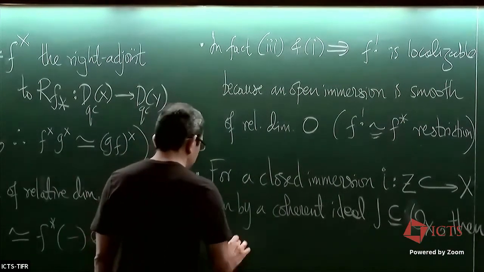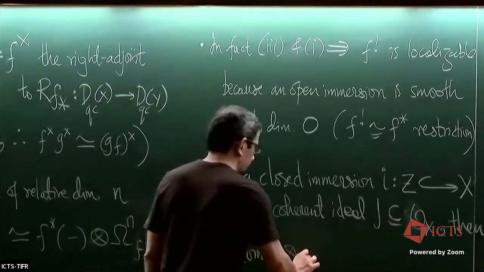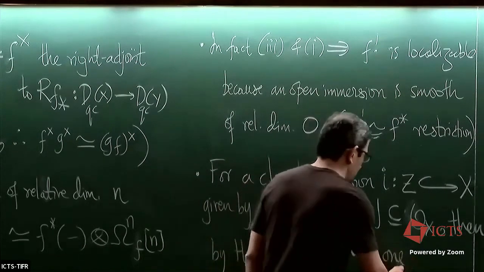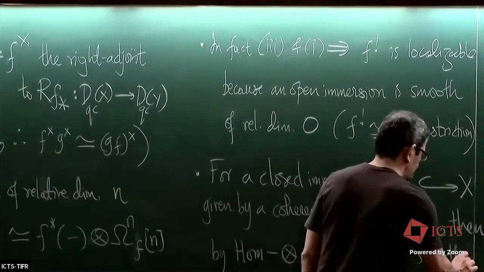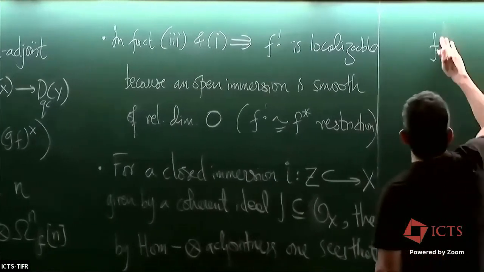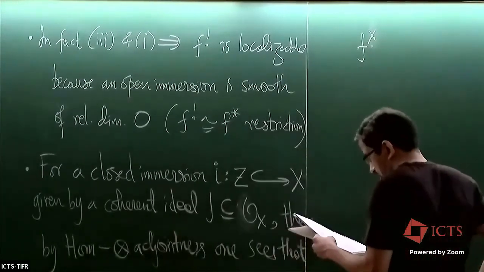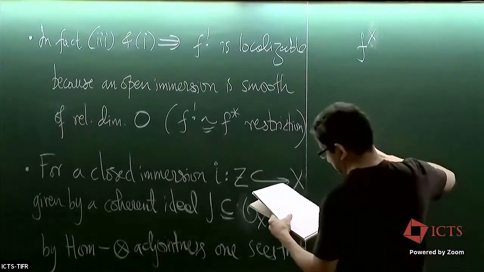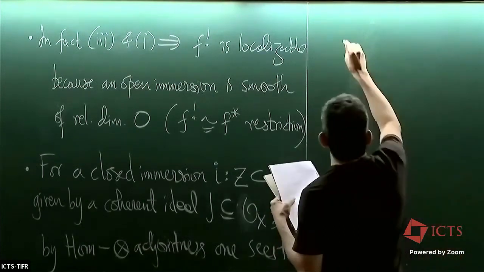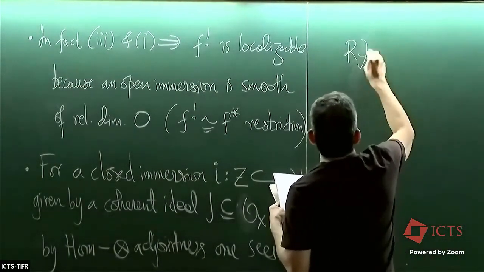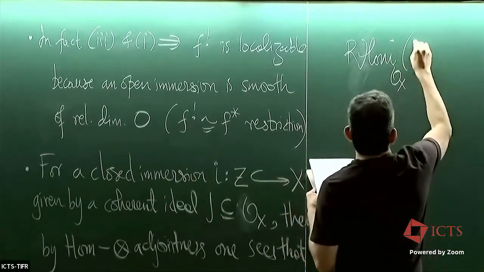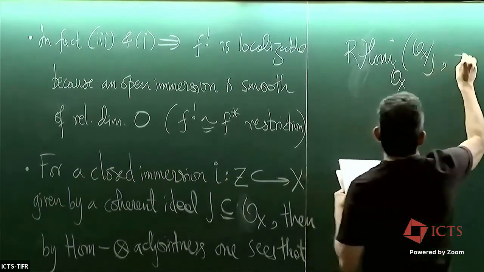By Hom tensor adjointness, one sees that R Hom from I to OX gives a right adjoint.